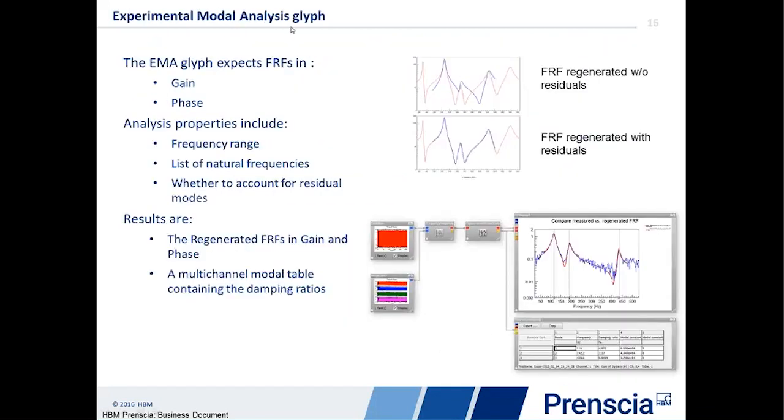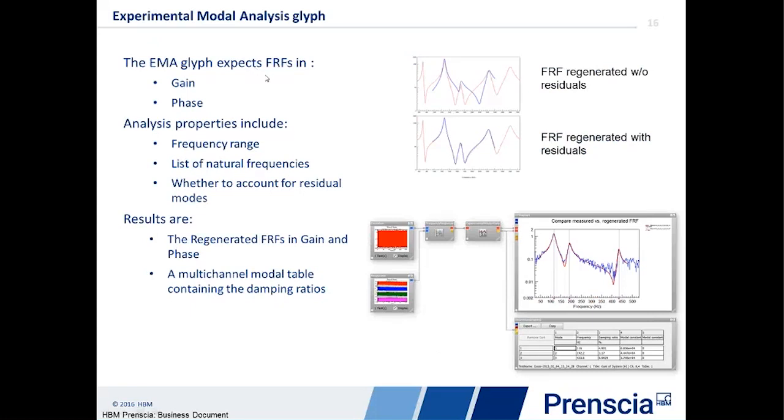So in order to perform all this in VibeSys, so it's nice. Now we know what experimental modal analysis is, what it is for, and we know about mode shapes. So how to do that in VibeSys? Well, in VibeSys we've got 2 new glyphs. The first one is the experimental modal analysis glyph, the EMA glyph. It expects a gain and a phase in terms of FRFs, right?